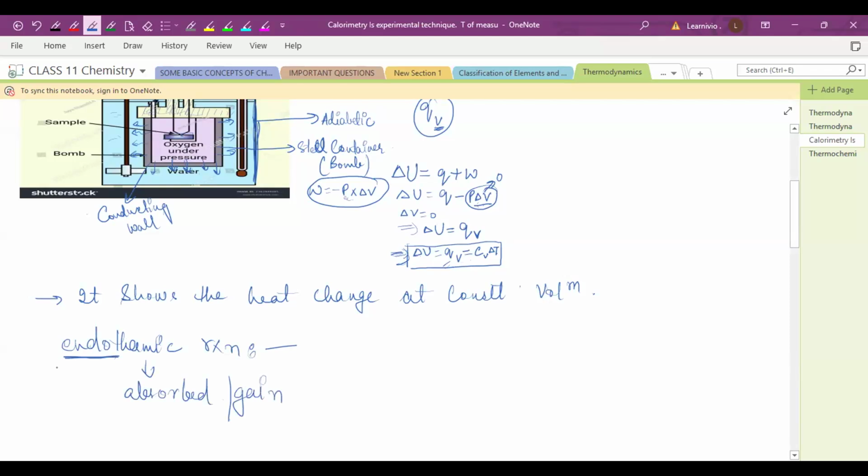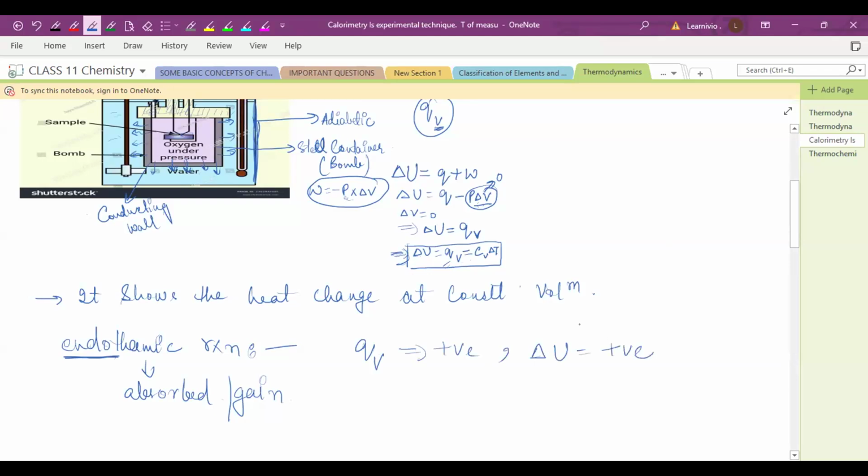So in the endothermic reaction, the heat inside is being increased, so the internal energy is increasing. Here in the case of QV, it will be positive.